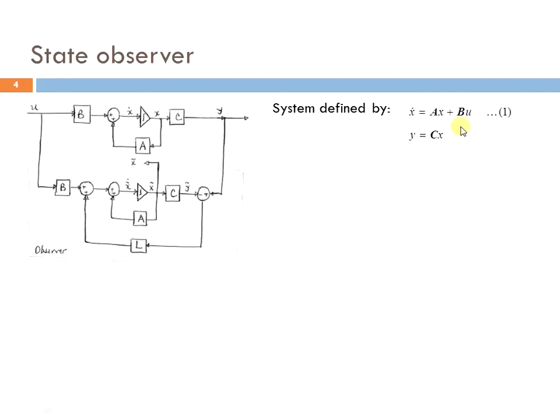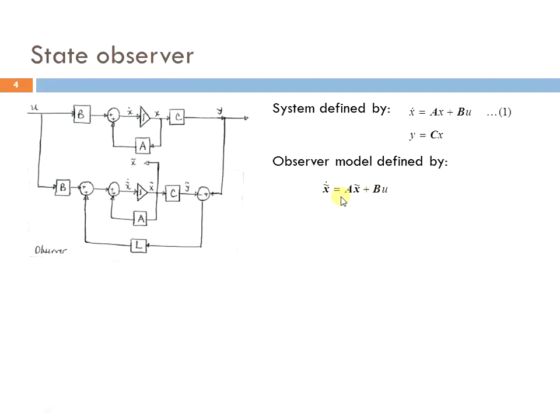Our system is represented by this model as we know it. It does not have any direct transmission, so it's given by the state equation and the output equation like that, and because of the similarity between our system and the observer, we can construct the observer model based on the state equation.